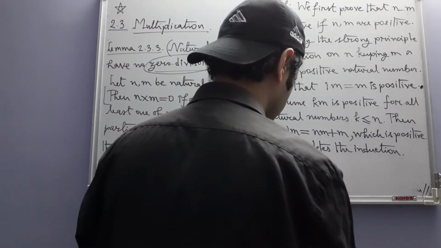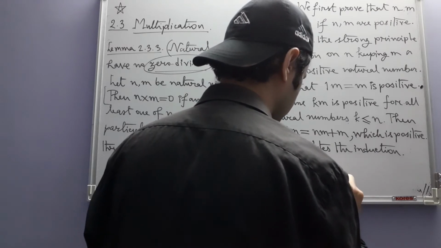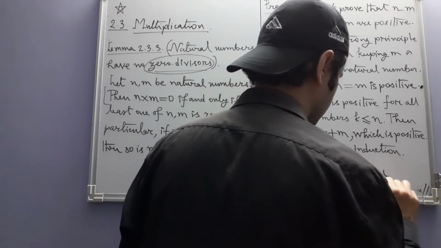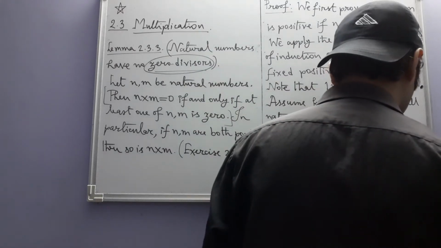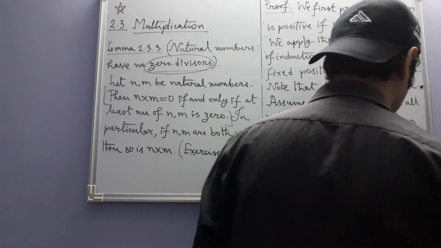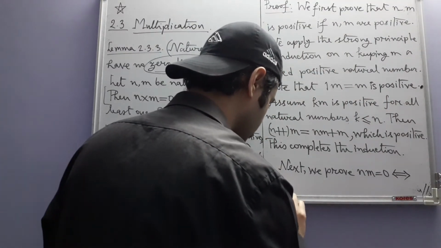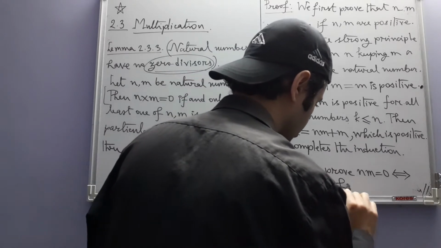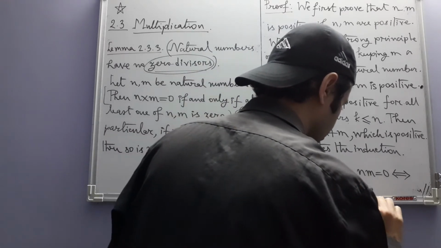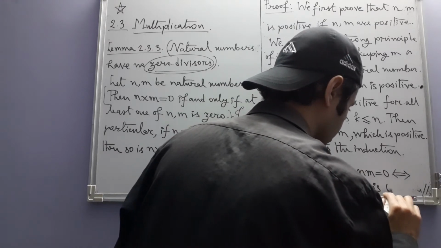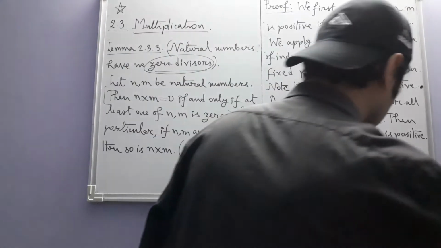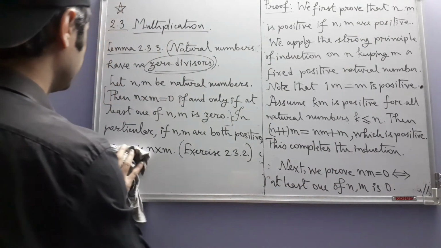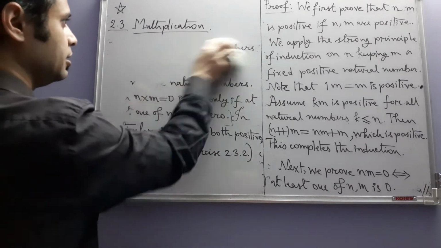Next, we prove nm is equal to 0 if and only if, that is the double implication, at least one of n and m is 0. One direction is easy to see.